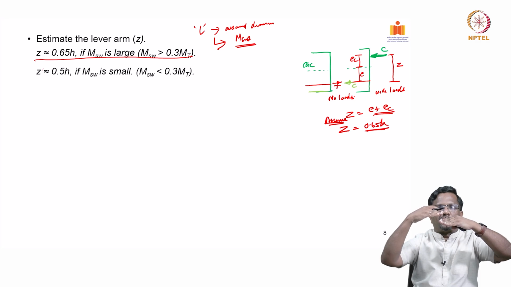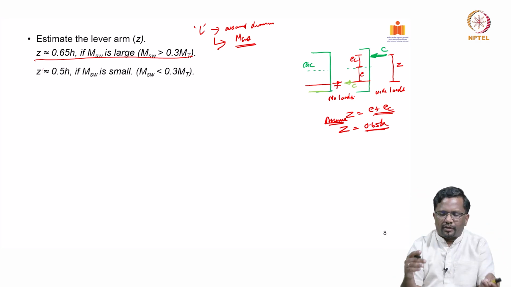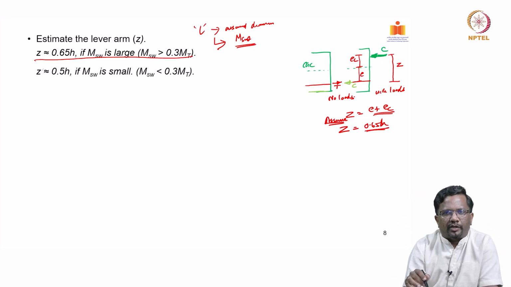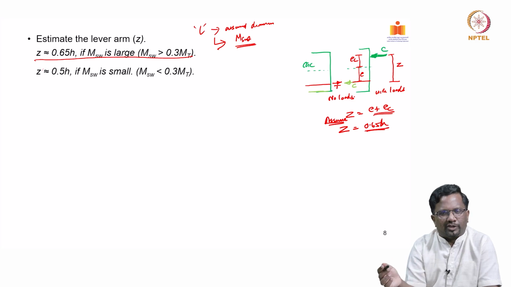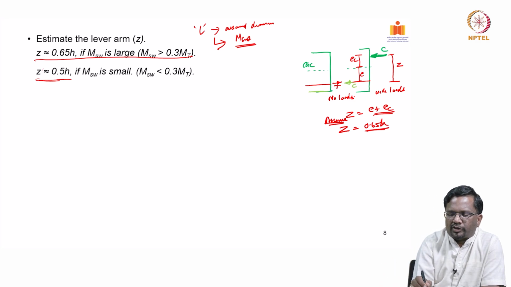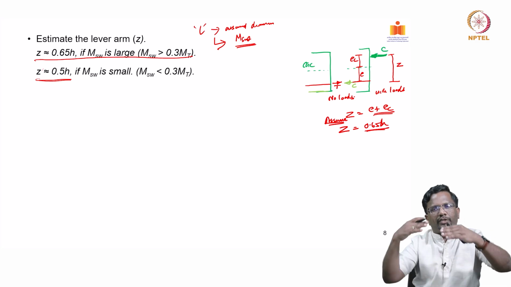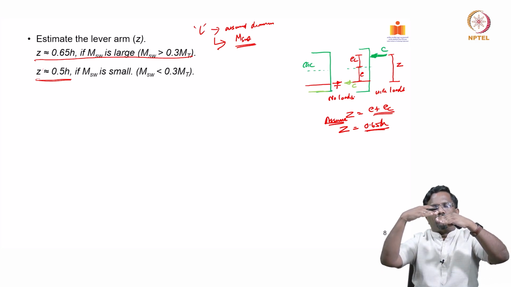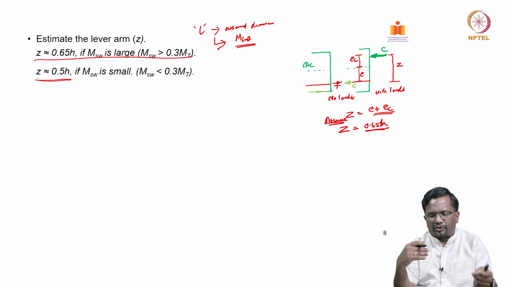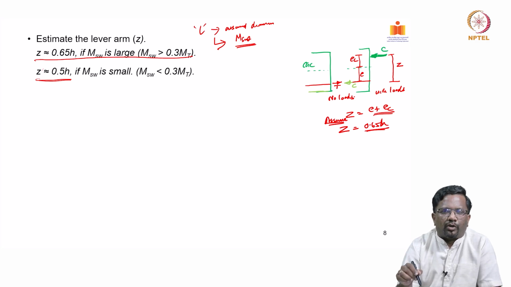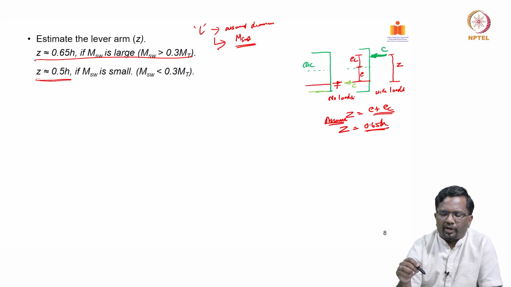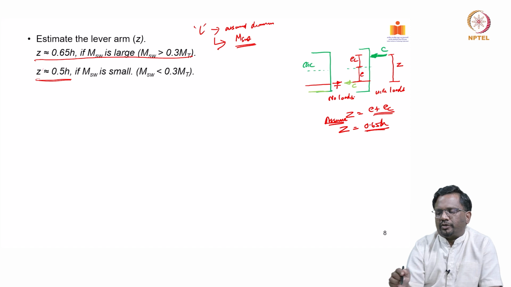Then when live load is acting, that will move even further up. So the lever arm will be higher if your self weight is much higher. If self weight is lesser, then the lever arm can be assumed as 0.5 h, because then C would have moved only slightly, and then further movement. So depending upon the amount of your self weight moment, my lever arm will be higher or lower. That is why we are saying if self weight is higher, the lever arm is to be taken higher, which is again an assumption.